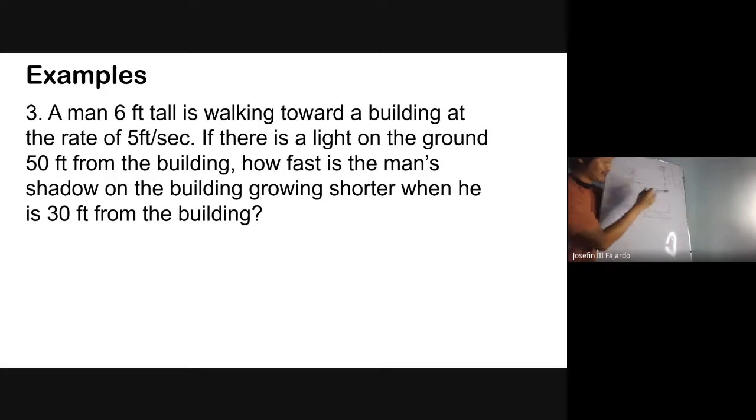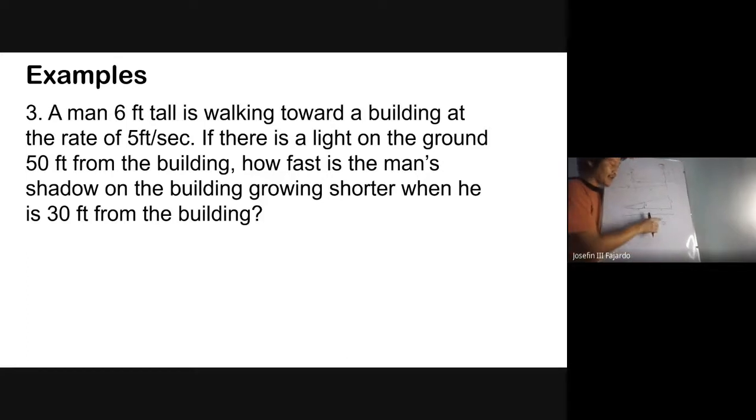So similar yung triangles. Okay, so meron na tayong pwedeng makonsider na ratio dito na if I consider the ratio of the legs, 50 minus x over 6, this must be equal to the ratio also of the legs. That would be y over 50.